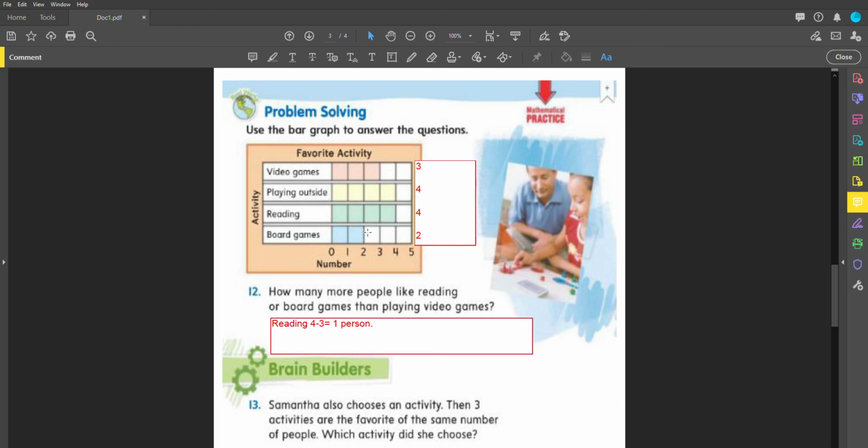The board games we have 2, the video games we have 3. So we have fewer people in the board games, as you can see. So video games contain one more person than the board games.